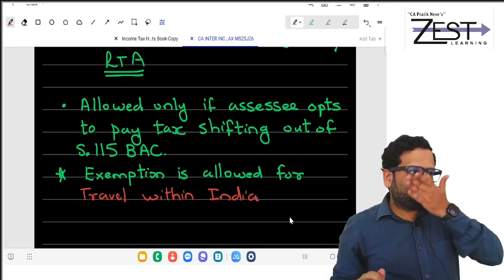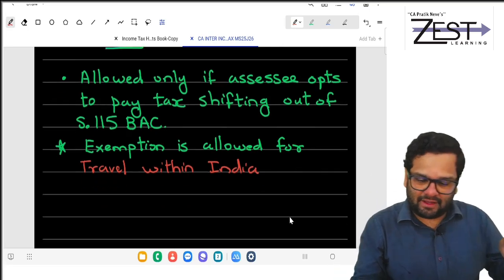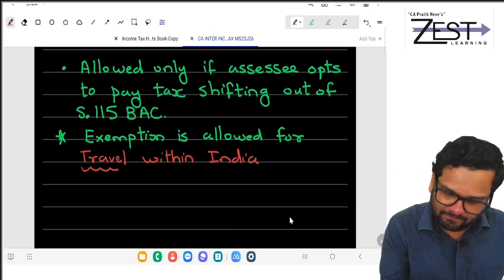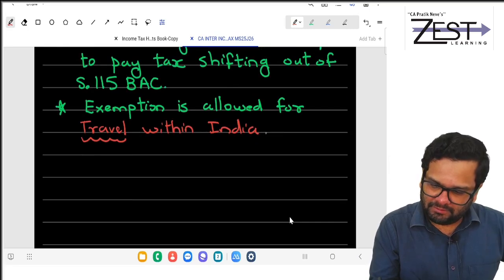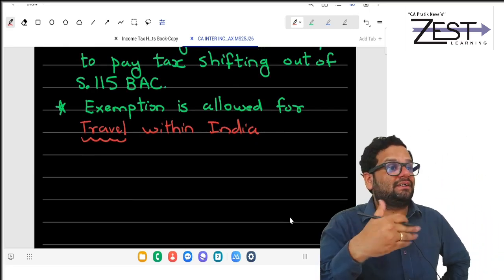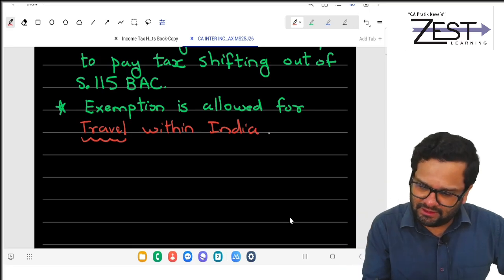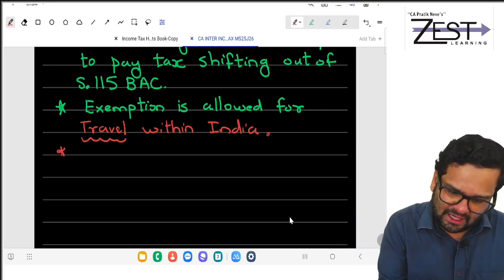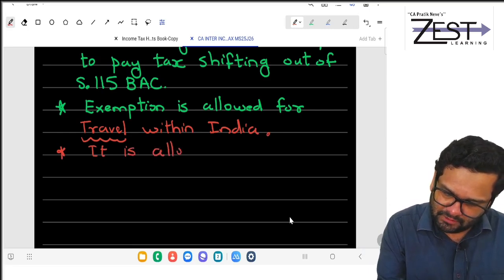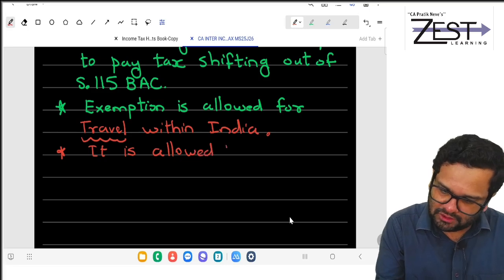Okay, but only travel. Only travel within India. Means not stay, only the traveling tickets. Travel within India. It is allowed for actual travel expense.